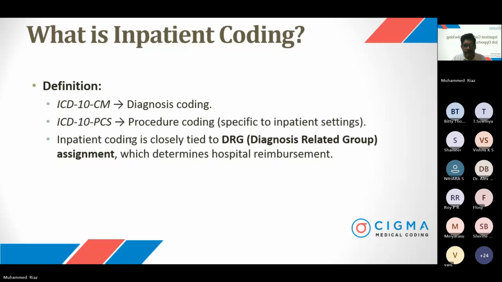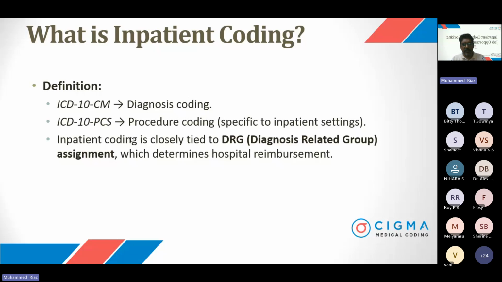Am I right? That is what we see in Indian hospitals also. If you see the patient in an outpatient clinic, you will have a very small fee. Whereas if you go into the hospital setting, you will have a package from day one till your discharge. All the services that you get from the hospital will be billed to you as a package.